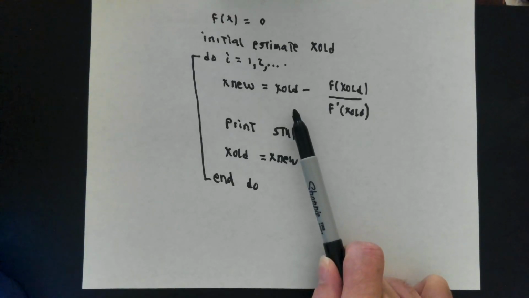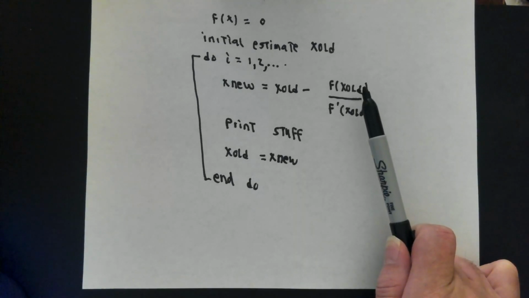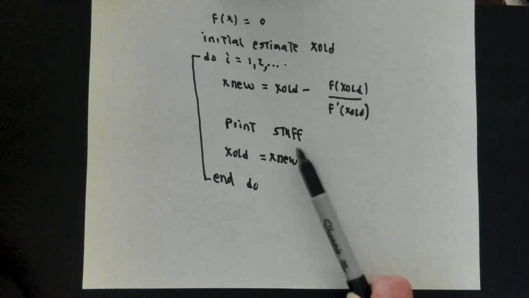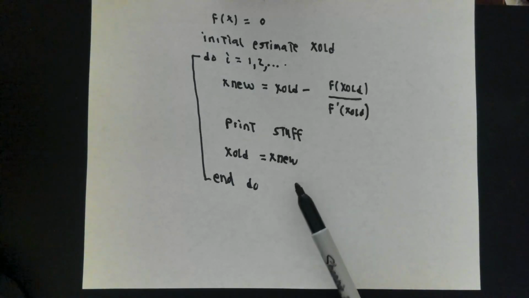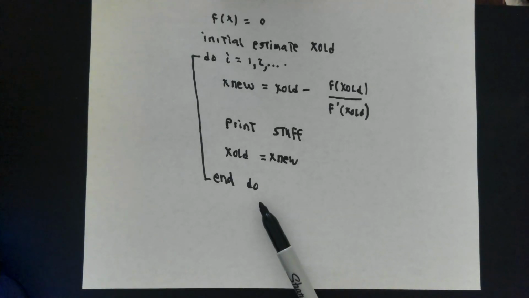I'm going to take my old estimate of the solution minus a fraction. Upstairs is the thing that I'm trying to make 0, and downstairs is the derivative of that thing, both evaluated at the old estimate. Then we'll print out stuff, maybe the old estimate, the new estimate, maybe other stuff. Then we set x old equal to x new, and then we go around in our loop again.